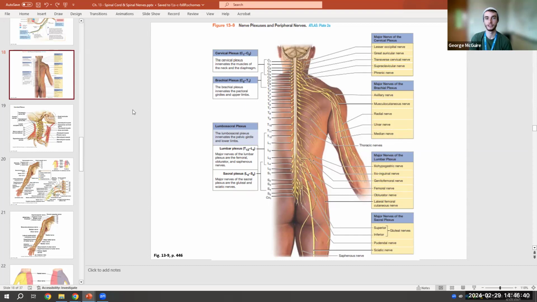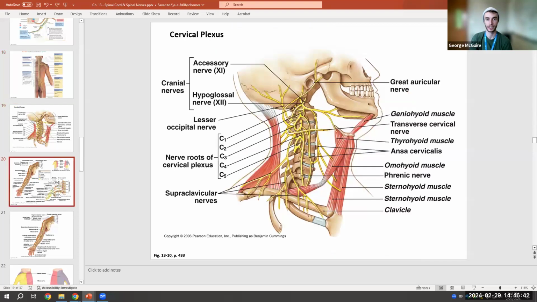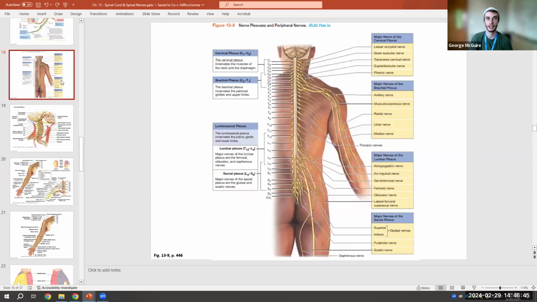Right, so it's not going to be the full list of all the nerves that you're going to see pop up on these slides as you go through, but you should certainly be aware of each of the plexi and the general areas that they serve. Each plexus refers to groups of nerves that are responsible for the same relative areas.